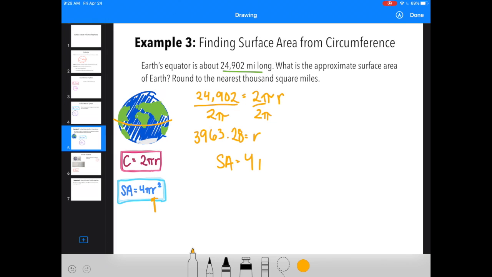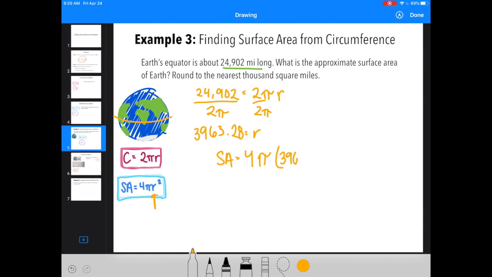So surface area is equal to 4 times pi r squared, which is 3,963.28 squared. Okay, so now that I already have that quantity in my calculator, I'm going to hit second answer and then square that number. Or you could hit the square button, or you can hit second answer times second answer.